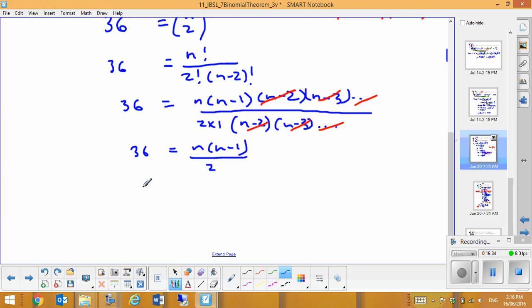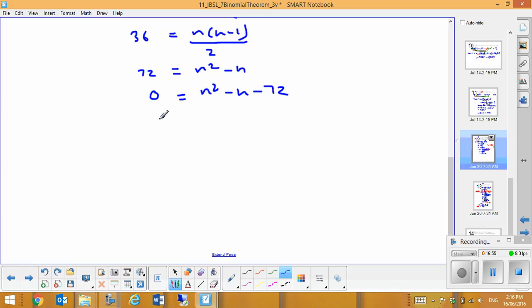Multiply both sides by 2. So we're at the moment considering that we're in a non-calculator paper. There's ways of solving this, obviously, if you're in a calculator paper, but you need to be able to do this without a calculator. Minus 72, so you should be going, oh, it's a quadratic. Yes, I love quadratics. So, no calculator, but I know how to factorize.